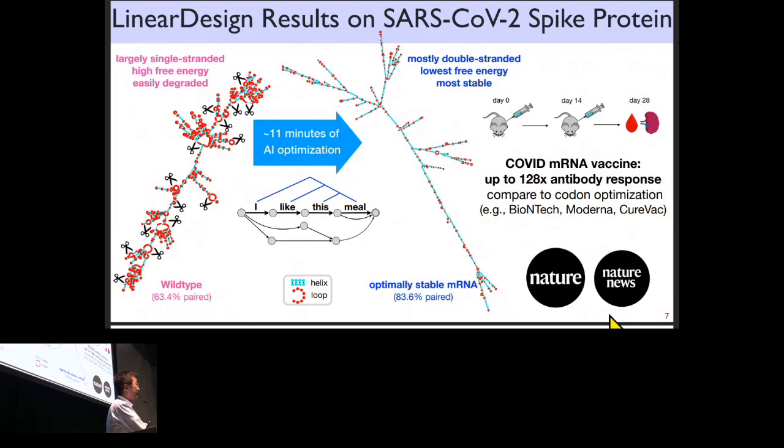Within this framework, would it be possible to add information about which positions you should add RNA modifications to? Oh, like chemical modification? Yeah, like pseudouridylation or something like that. Yeah, that's a very good point. But we don't have a publicly available energy model for, say, pseudouridine or N1-methylpseudouridine.